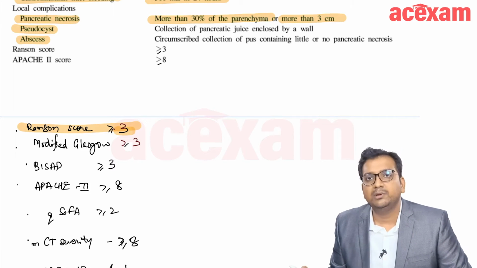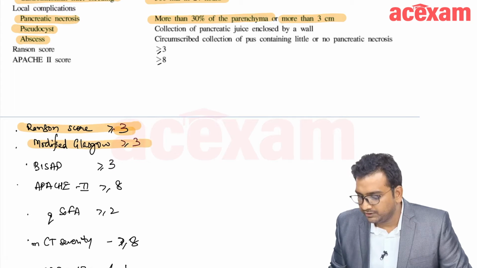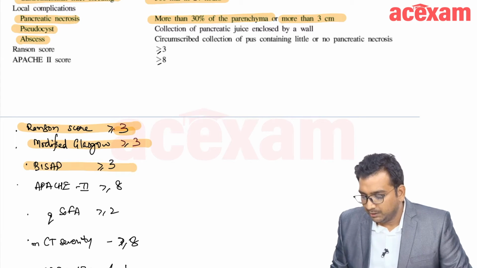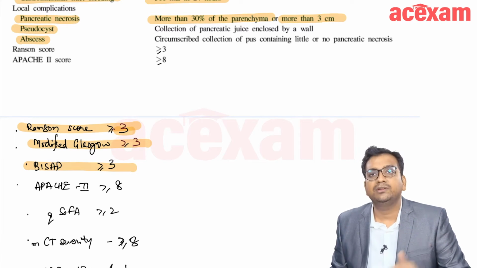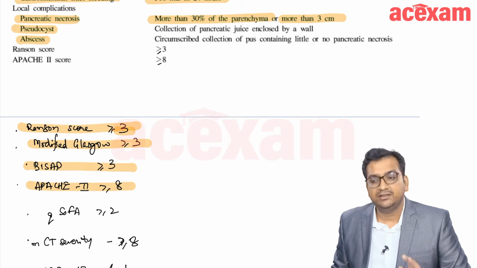After 48 hours, we can calculate the Ransom score. Modified Glasgow, if it is more than or equal to 3. BISAP score, the bedside index for severity of acute pancreatitis, if it is more than or equal to 3. Apache 2 score, if it is more than or equal to 8, this is severe pancreatitis.